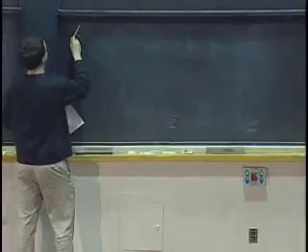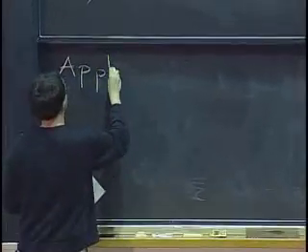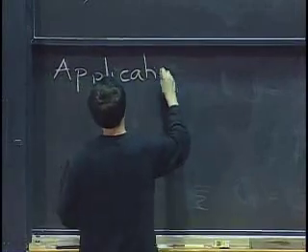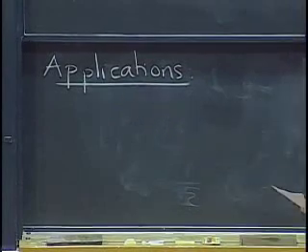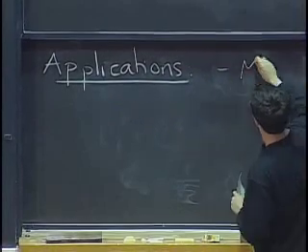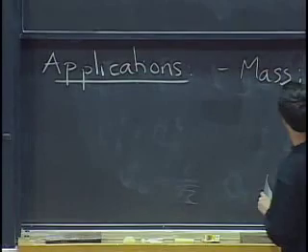So what are things we can do now with triple integrals? Well, we can find the volume of solids by just integrating dV, and we've seen that. We can find the mass of a solid.